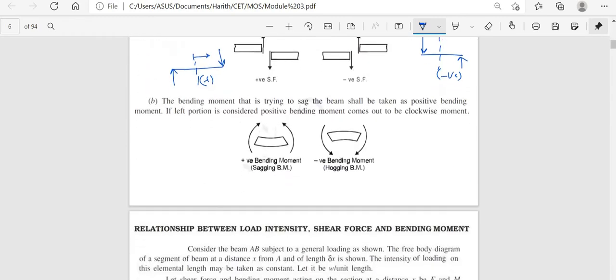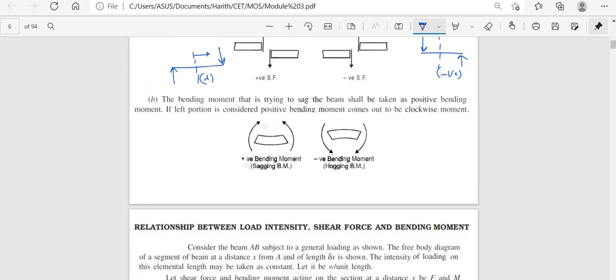Now you have to understand the sign convention also. If I consider a section XX in a beam, and the total moment is like this, on the right of the section the direction is clockwise, and on the left it is anti-clockwise, then it is negative and is known as hogging moment.